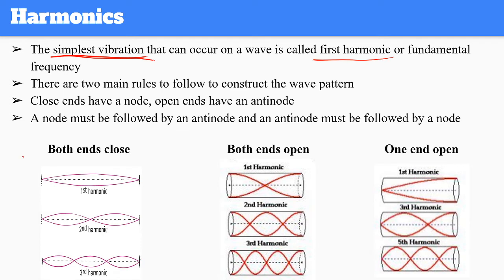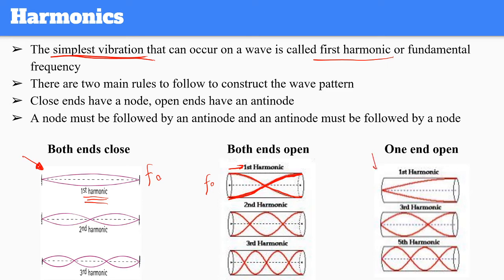So for example, to be able to create this pattern, this shape is your first harmonic, and the frequency that you need to create this shape is called the fundamental frequency. If you are talking about a two-end open system, then this is the simplest wave that you can fit in, and this is your first harmonic, and the frequency that creates this shape is called the fundamental frequency.